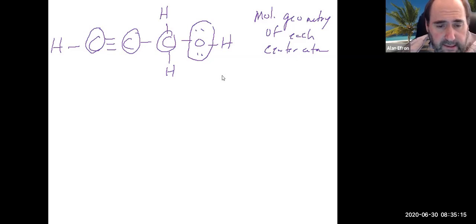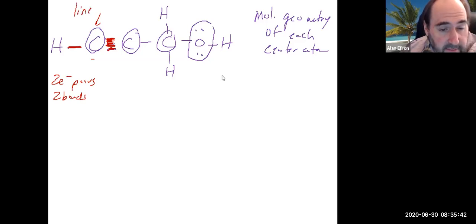Okay, so let's take a look. Starting with this carbon on our left, we again want to isolate it. Our triple bond counts as one electron pair, and there's an electron pair here, so it has two electron pairs and two bonds. The molecular geometry of this one is linear.